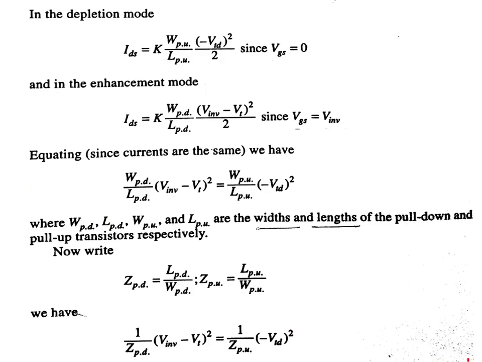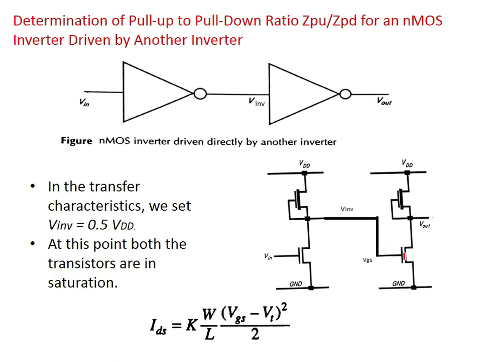For the depletion mode MOSFET, IDS is equal to K into W pull-up by L pull-up into (0 minus VTD, that is minus VTD) whole square divided by 2, since VGS is equal to 0. Similarly, for the enhancement mode MOSFET, K into W pull-down divided by L pull-down into (VGS minus VT) whole square divided by 2. But what is VGS here?